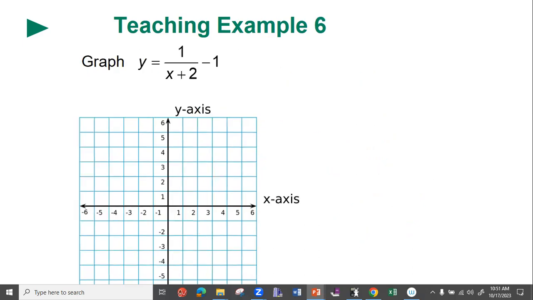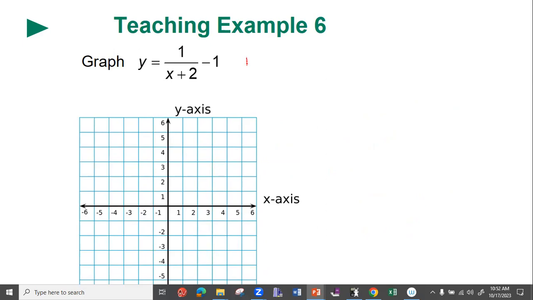Okay, let's try one more. So here we have 1 over x plus 2, minus 1. When it is written in this format, you're conveniently already given your horizontal asymptote or your slant.